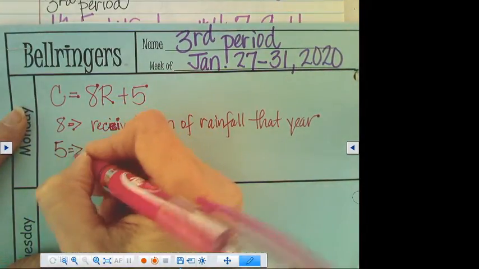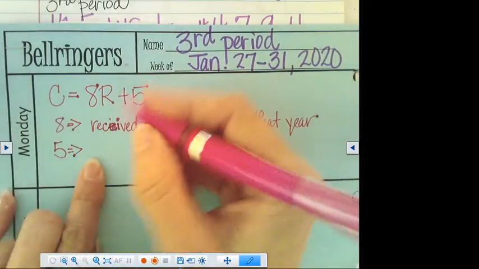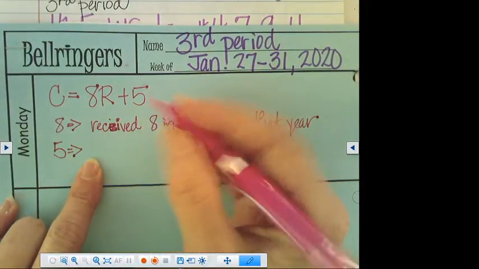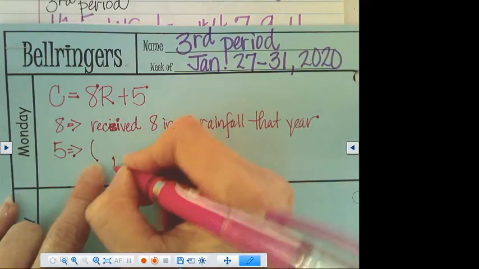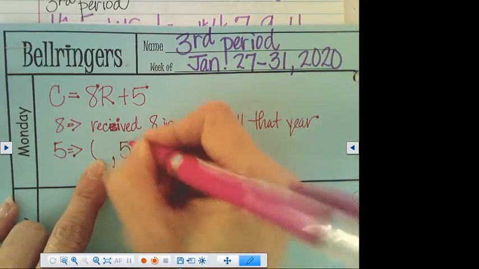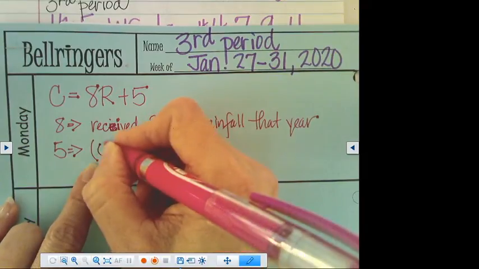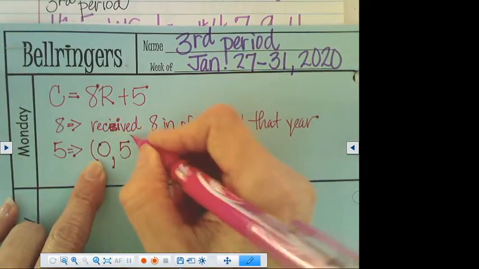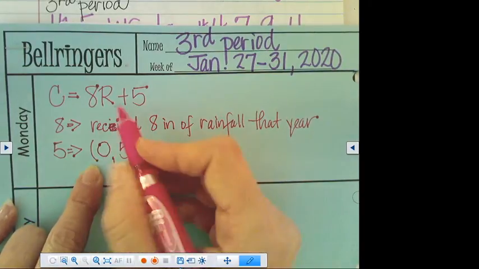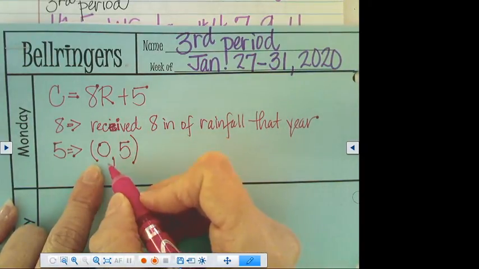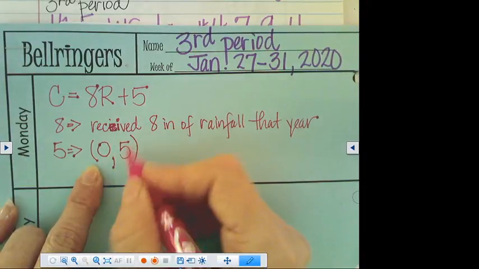The 5 is the y-intercept. Now, the y-intercept is the point on the y-axis where we have a value in y, but we have a 0 in x. So let's go back and revisit what exactly is the x, what exactly is the y, what exactly is the input, what exactly is the output.